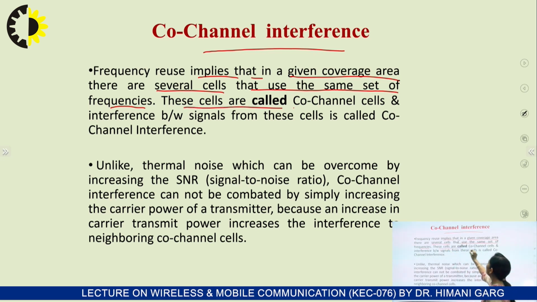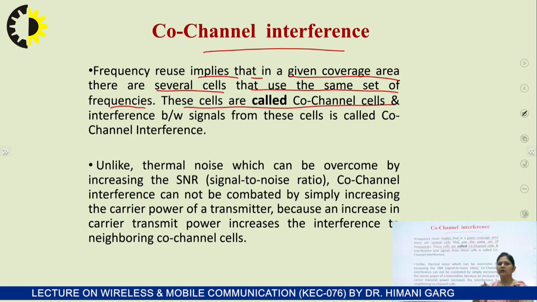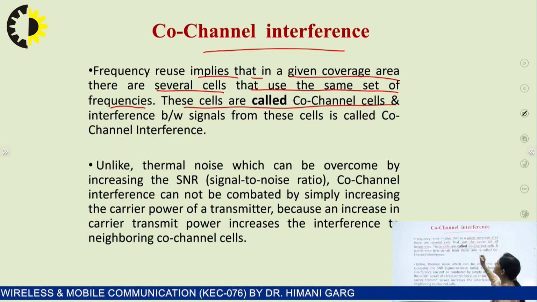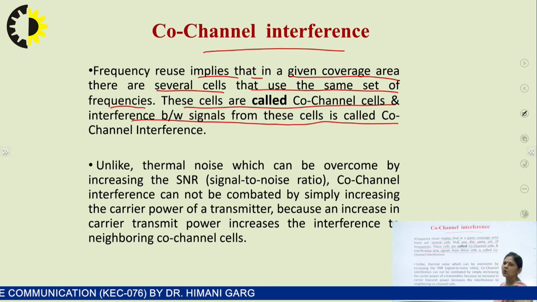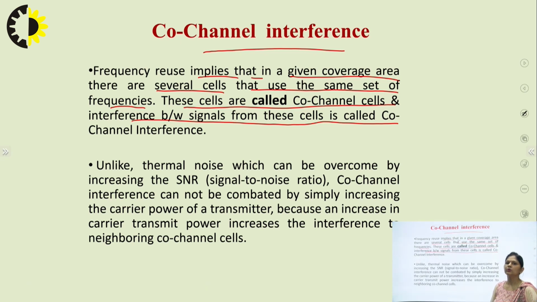These cells are called co-channel cells. So, the cells that are using the same frequency are called co-channel cells, and the interference between signals from these cells is called co-channel interference. So the terminology must be clear to you: co-channel means the channels that are using the same frequency, and the interference due to them is called co-channel interference.